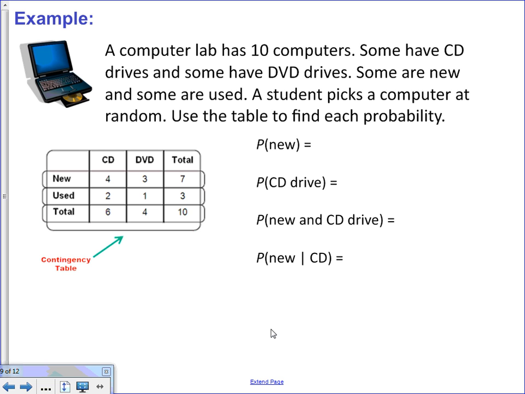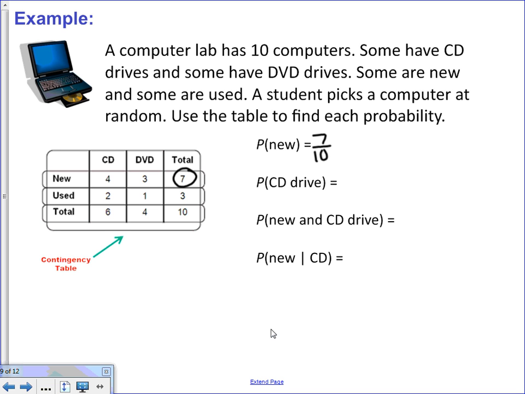What's the probability they pick a new computer? How many are new? 7 new ones. 4 with CDs and 3 with DVDs. So 7 out of 10. What's the probability they pick one with a CD drive?